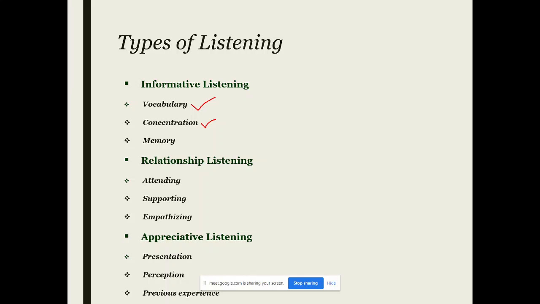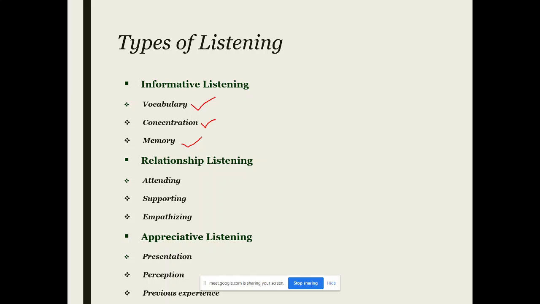So in order to relate all these different pieces of information, we need concentration, and then also memory, because everything that we listen to ultimately has to go to memory, so that we can recall it when we want to reproduce it, let us say, at the time of writing, or at the time of telling somebody else.